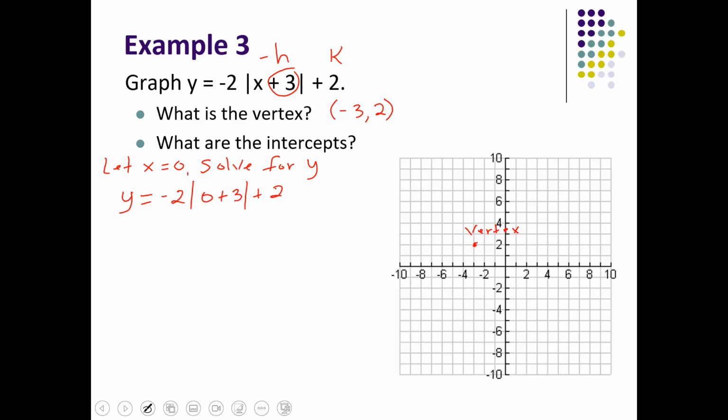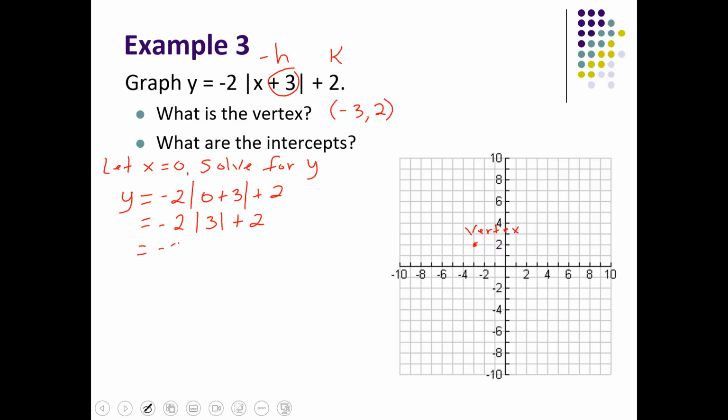Let's start right here in the middle of the absolute value. 0 plus 3 gives us 3. So we still have our -2 on the outside, and then we're taking the absolute value of 3, which is simply 3.